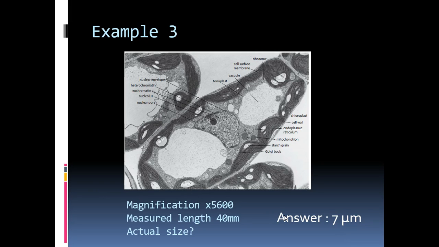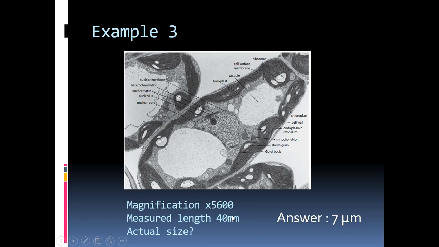Okay, and the third example is slightly different from the first two, where you are now given magnification, right? You are now given the actual magnification, and you are also given the size of image, shown here as the measured length, which is 40 millimeters.